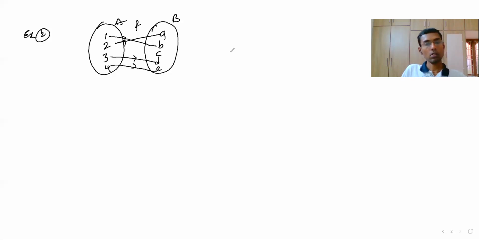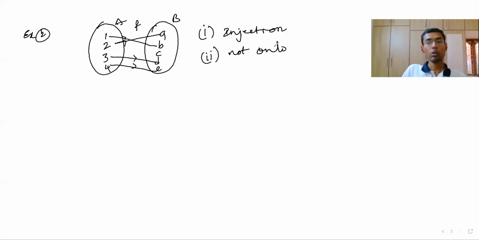Yes, sir. First, injection, right? Injective function or injection, yes or no? Yes, sir. Second, onto function or surjection or no? It's not an onto function. So now how to make it onto?